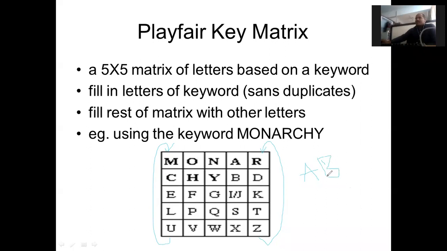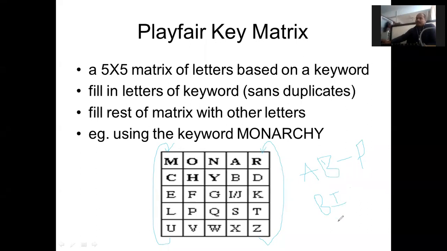So these are the plain text characters here. Okay. And for A, we have the ciphertext character B here. And again for B, we have the I.